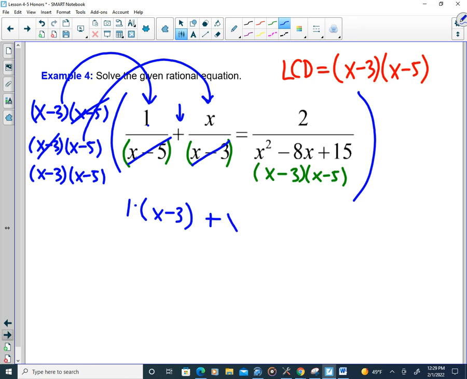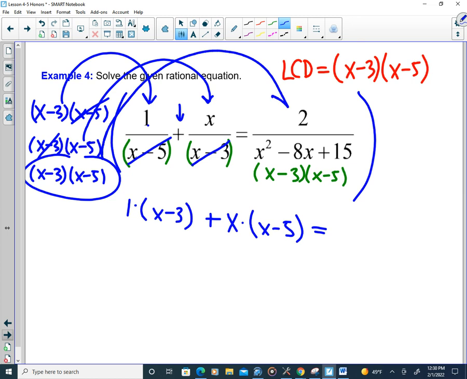So we're going to have x times x minus 5. And then when I take this times my last fraction, well, in our denominator we have x minus 3, that cancels with that x minus 3. This x minus 5 cancels with that x minus 5. So this becomes a 1, and then 1 times 2 will be 2.